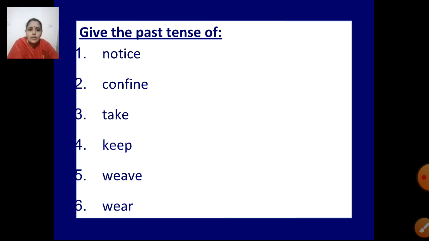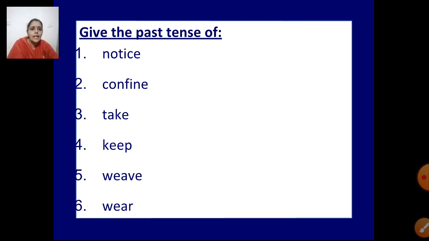I have some words here and you have to write the past tense of these words. Okay? The first one is notice, confine, take, keep, weave, and wear. You can write down these words and write the past tense for these words in your book.